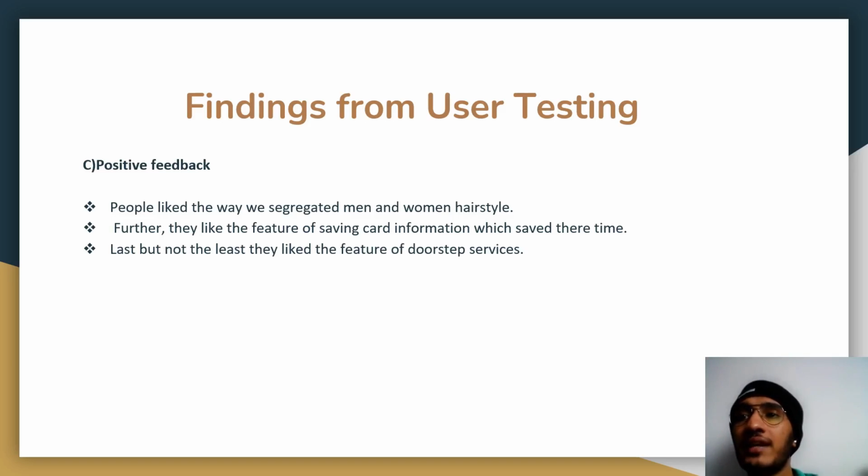Most of the interviewees said that they liked the segregated men and women hairstyles. Second, they loved the saved card information, because they don't have to waste time giving the information. And third, they loved the feature that they can get doorstep services from our app.